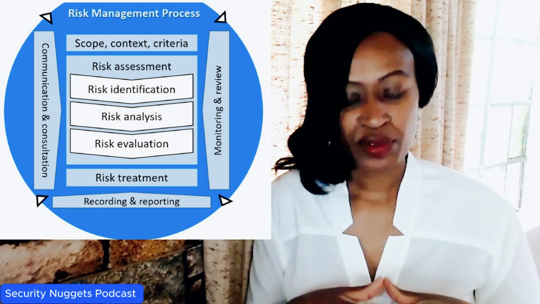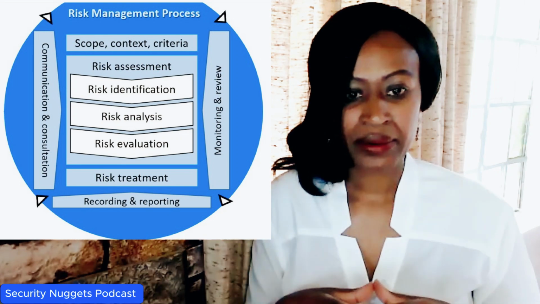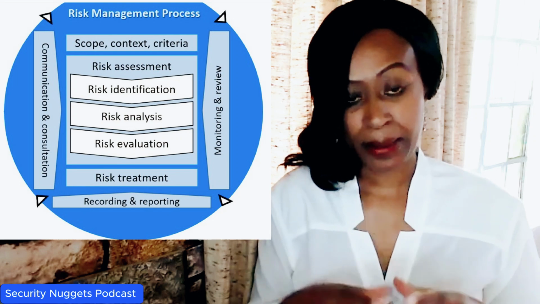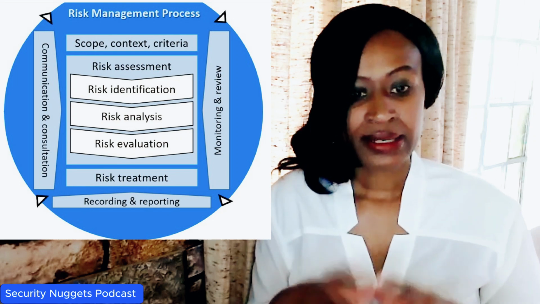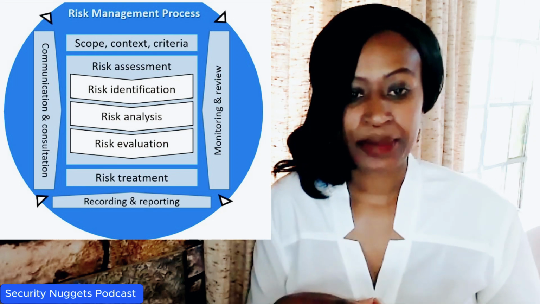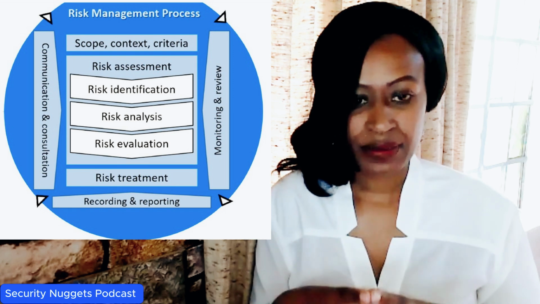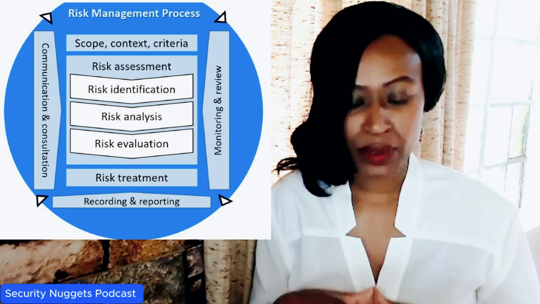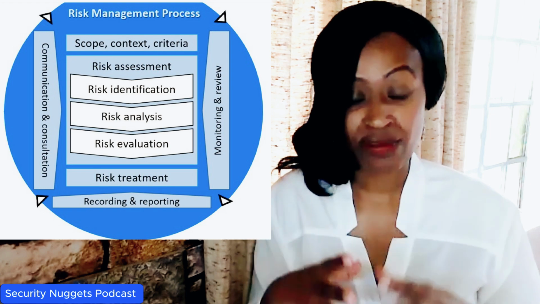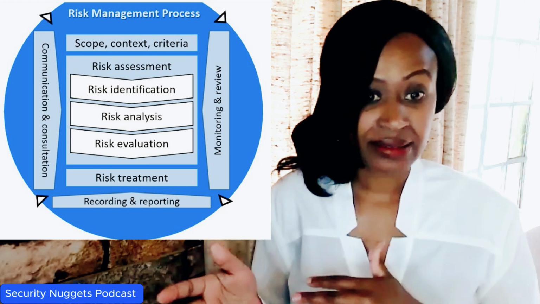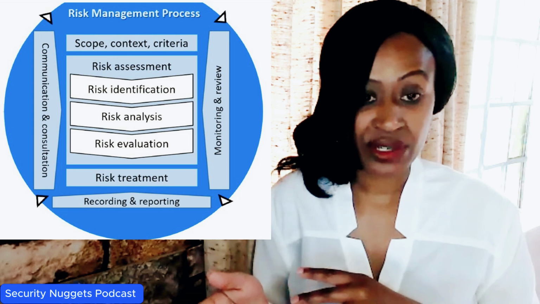In this phase of criteria, this is where you determine the amount of risks that your organization is willing to accept. Okay? The organization is willing to accept this amount of risks or this nature of risks to whatever extent of degree, okay?